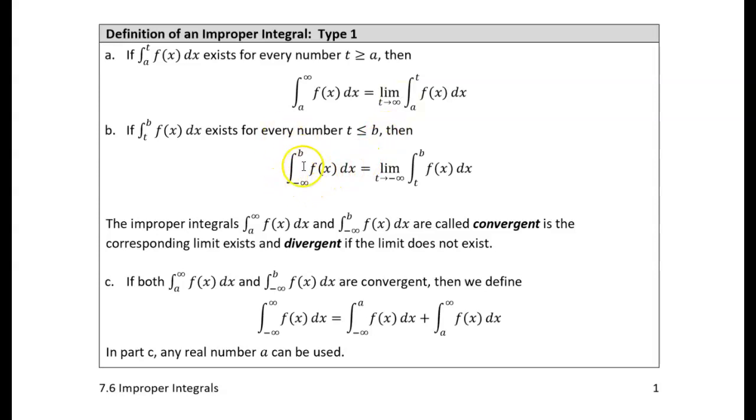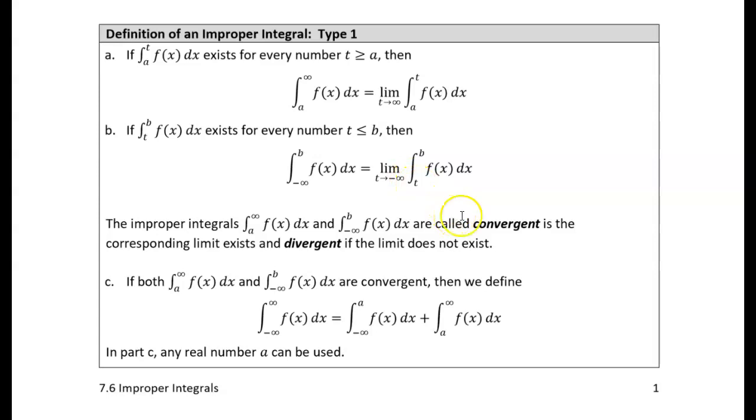Or you can have an improper integral where the lower bound is minus infinity up to some value, but you do the same thing, only this time you're going to look at the limit as t goes to minus infinity, and your lower bound is t.